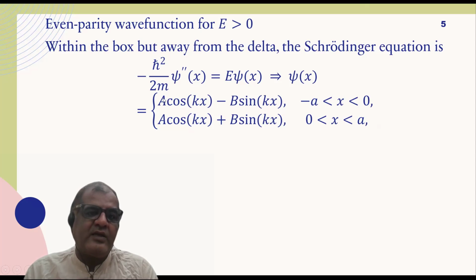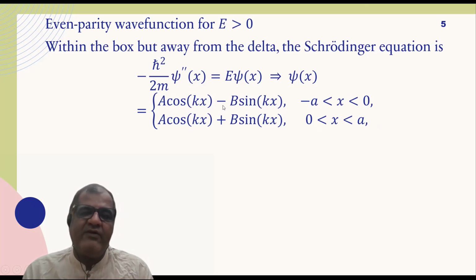If you want, you can take the A coefficient with sign, but I am taking it with cos kx, so it will not affect our solution. These are my solutions, and as sin minus x is equal to minus sin x, it automatically becomes plus.